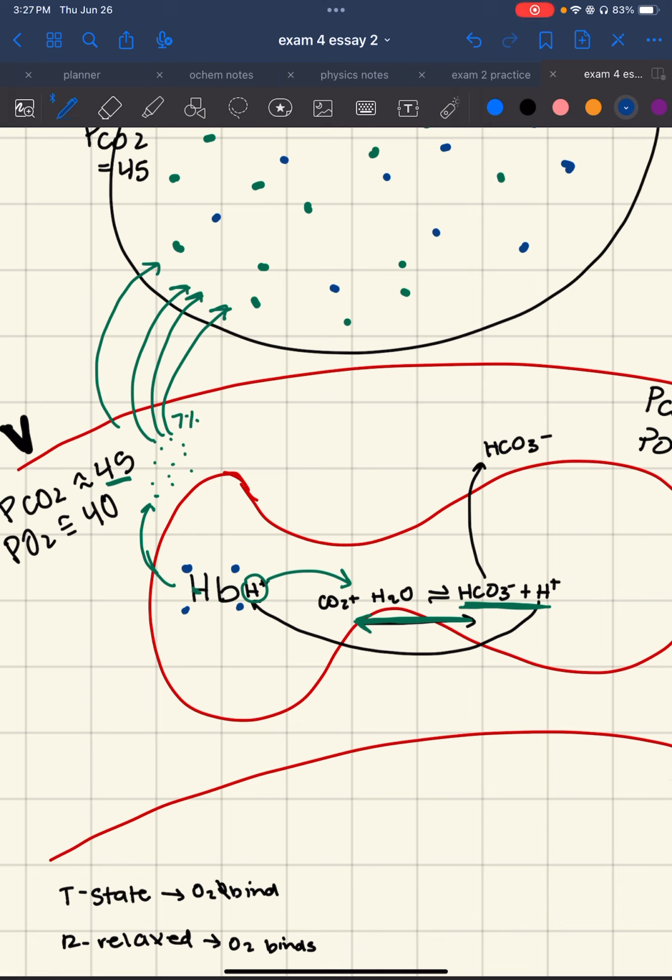It really has a lot to do with the other things that bind to hemoglobin when we're further away from the lungs, when the pH is lower, when we're more acidic, when we have more carbon dioxide present. All of those things add up to help the oxygen dissociate.